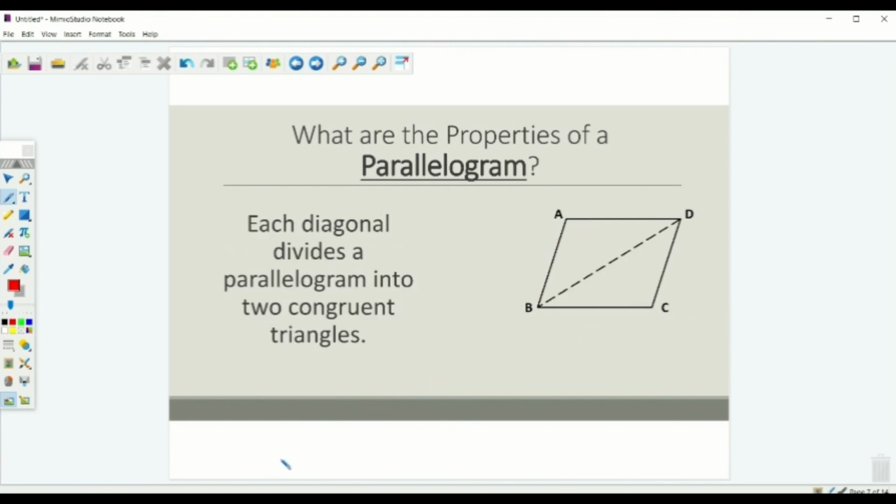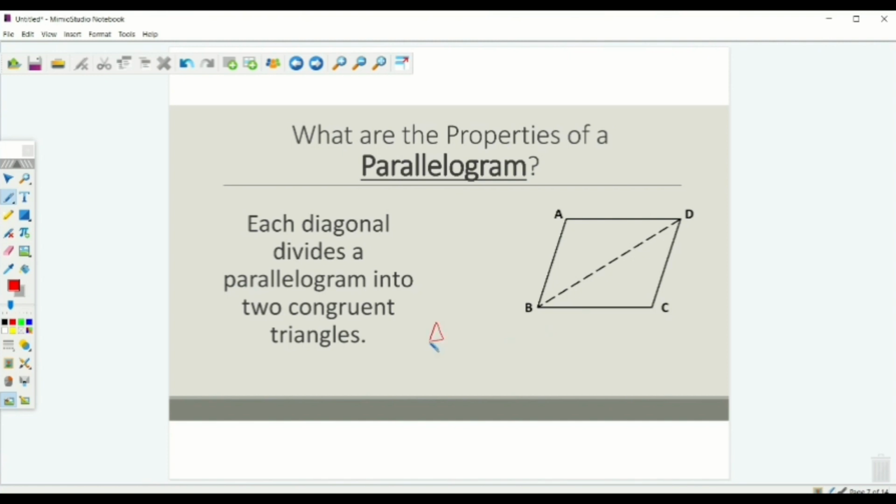Another property of a parallelogram is that each diagonal divides a parallelogram into two congruent triangles. In our figure, the diagonal we have here is diagonal BD. Notice that if we connect these two non-consecutive vertices, we form a diagonal, and it divides our parallelogram into two congruent triangles.